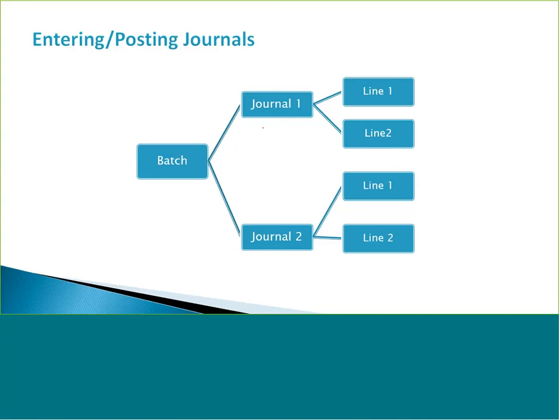If it's being imported from another module, you'll be able to see that the source of a journal is accounts receivable or accounts payable. But if you're entering it directly into the general ledger, then the source is manual. So I think the best way to see all this is by going to the system and entering our first journal. Okay.